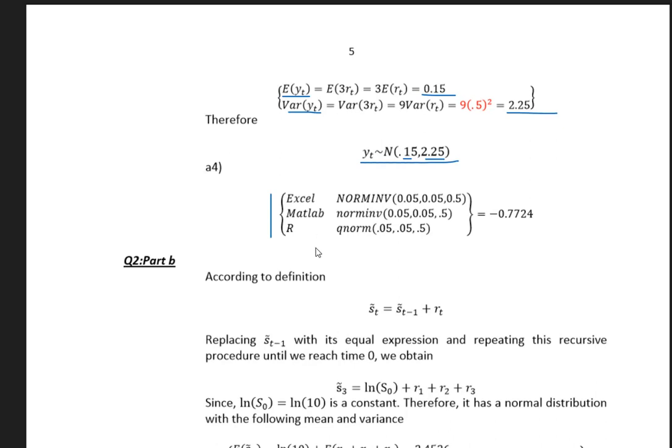For example, MATLAB has a descriptive name: it calls it norminv, the inverse of a normal variable, or in R it is called qnorm, the quantile of a normal distribution. Anyhow, if you know what you are looking for, you can use this software to calculate these quantities.